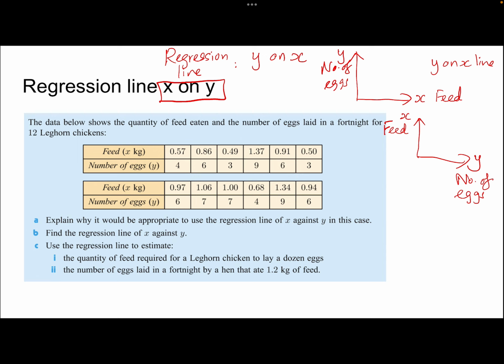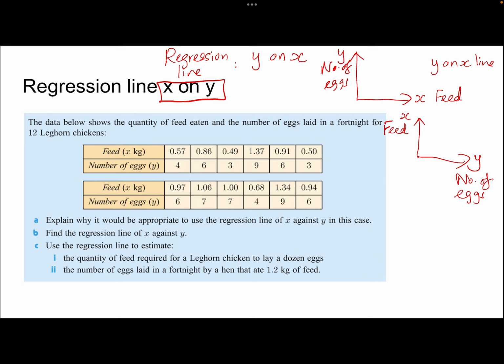Because if they actually lay more eggs, maybe they just get to eat more. You know what I mean? Trying to find out the relationship between those two variables in that way doesn't sound very natural, but it could be possible if we go into more in-depth analysis of these two variables. So that's what it really means.